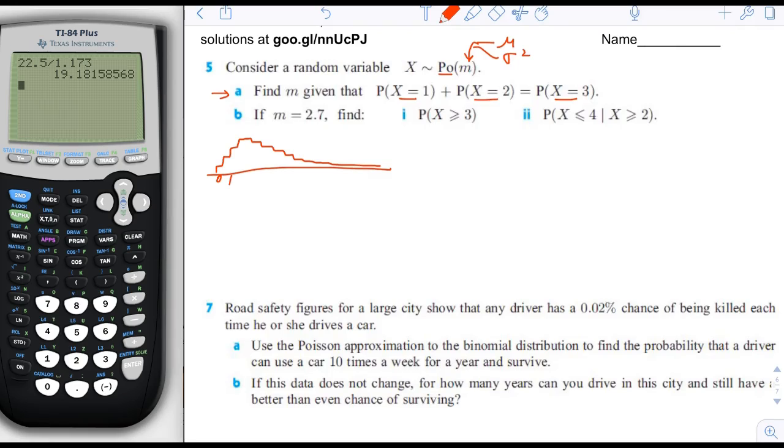Let's find the formula for the Poisson distribution. If you remember, the probability that x equals x is equal to m to the x, e to the negative m, over x factorial.